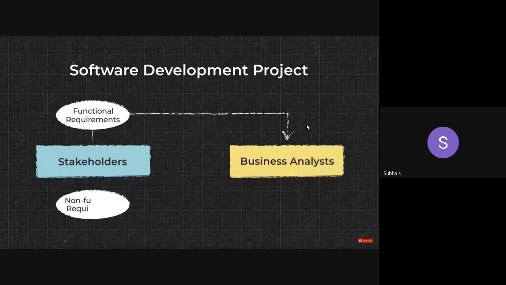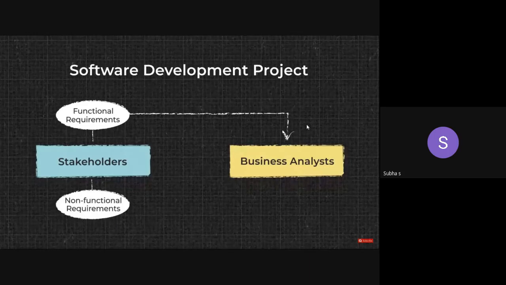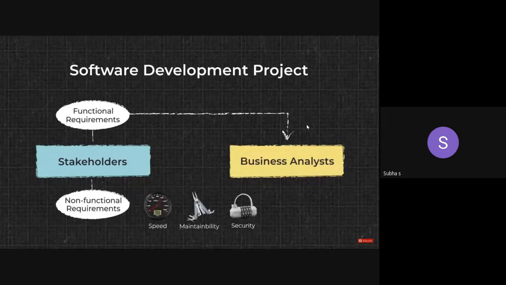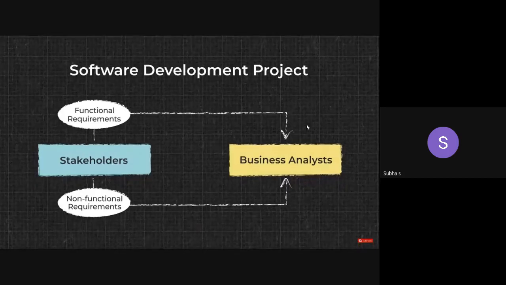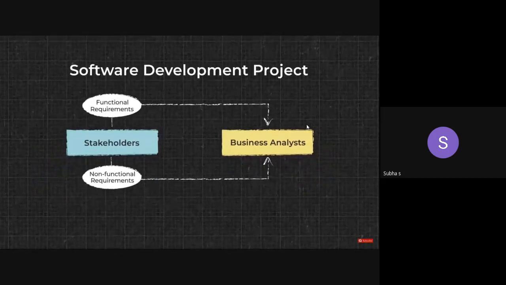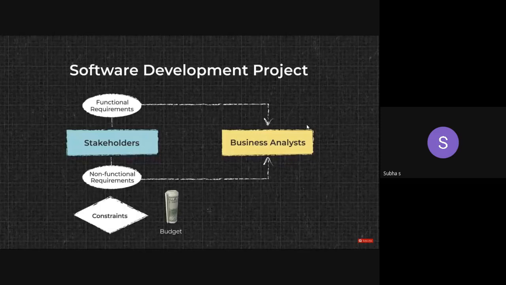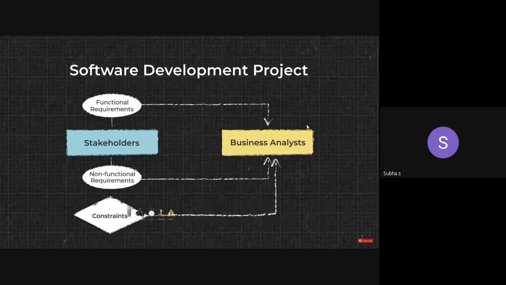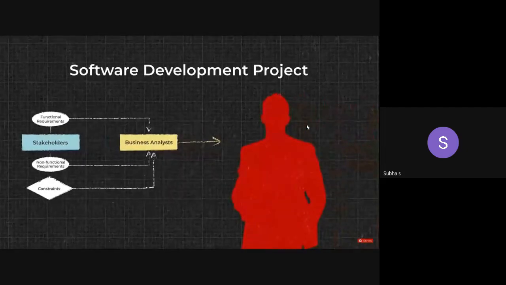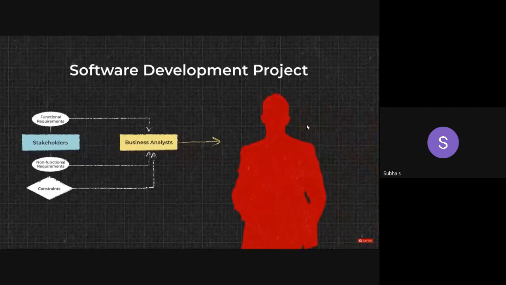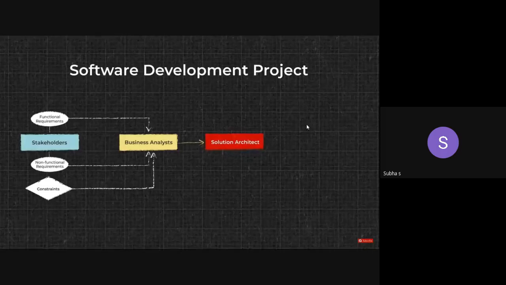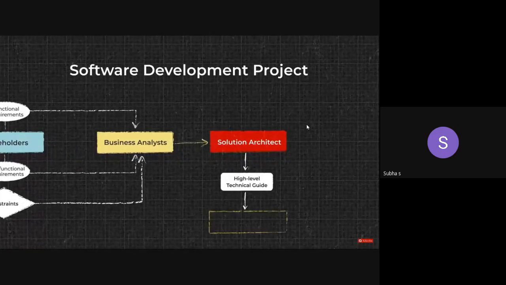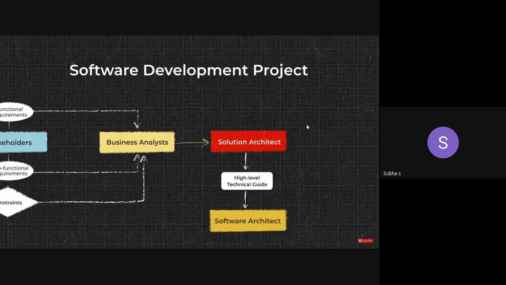There are also some non-functional ones: the general qualities of software, its speed, maintainability, security, and some others. Besides requirements, any project has its own constraints: a budget, manpower, time, licensing, and risks. A business analyst provides a solution architect with all these inputs. The architect is responsible for converting them into a high-level technical guide. But there's an additional level of complexity.